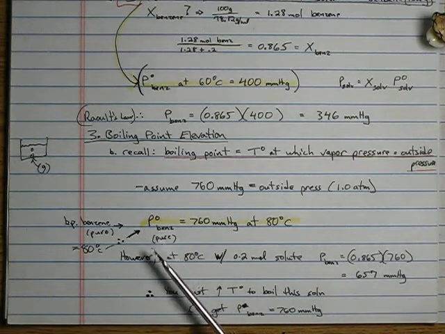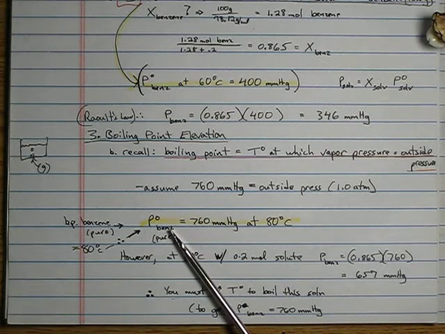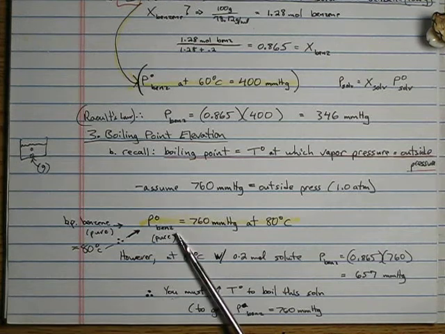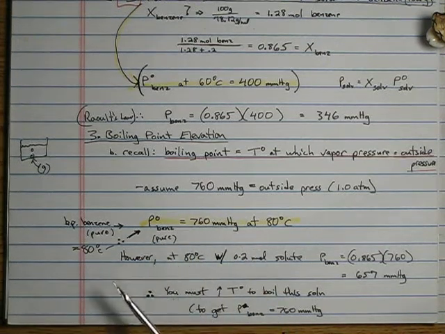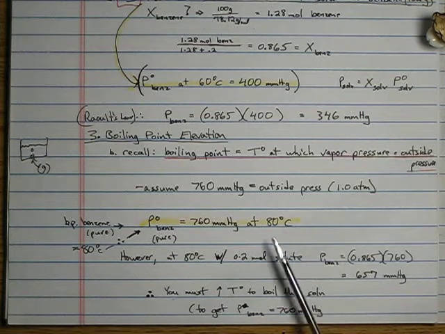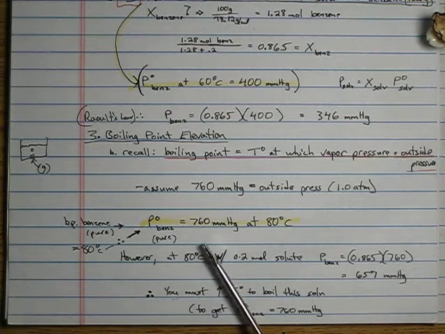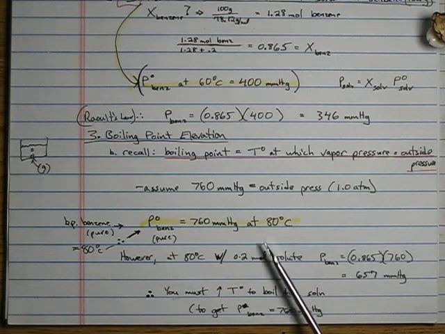Note, if we looked at a table, again, this number has to come out of the table, the boiling point of benzene, if you just Googled what's the boiling point of benzene, it'll give you, I believe, 80.1 degrees Celsius. And note that's assuming 760 millimeters of mercury, normal atmospheric pressure. Pure benzene boils at 80 degrees.